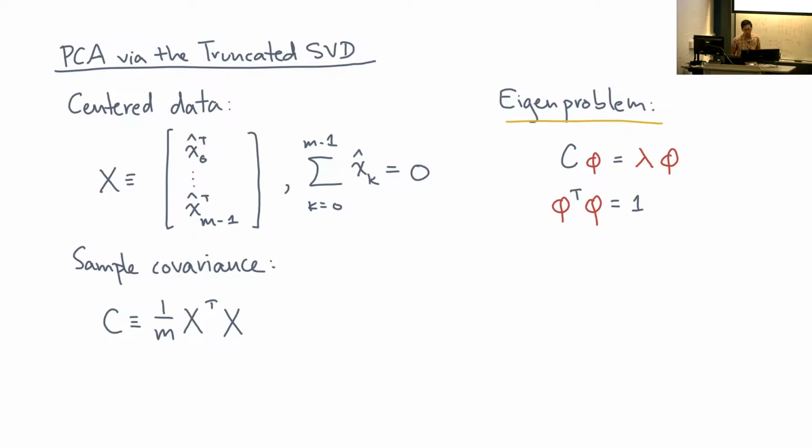Now, in general, the matrix C has many eigenvectors and eigenvalues, right? It doesn't have just one, so it might have more than one. But any of them is a solution to the problem that we've just described.